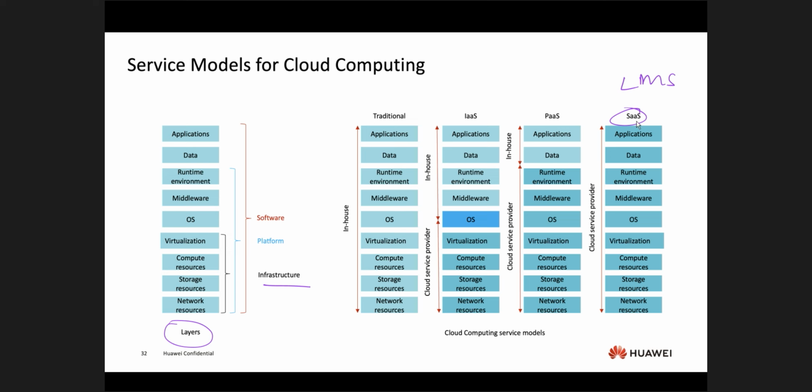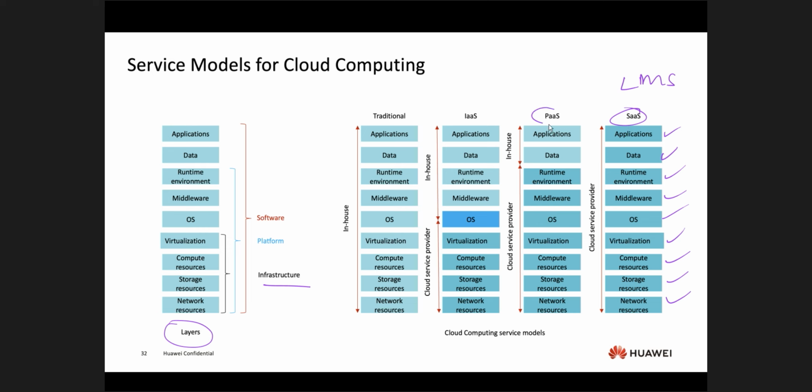Then the cloud provider is responsible for the whole model: network resources, storage resources, compute, virtualization, the network operating system or cloud operating system, the middleware, the runtime environment, the data stored on this learning management system, as well as the applications running on top of it. That is the cloud provider's responsibility because you're only using the software that's available on that model.